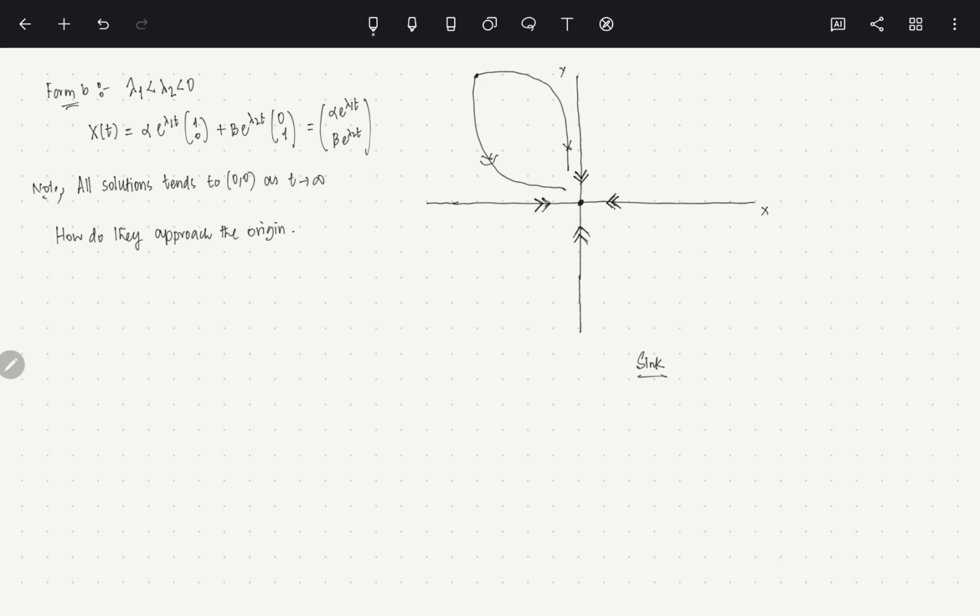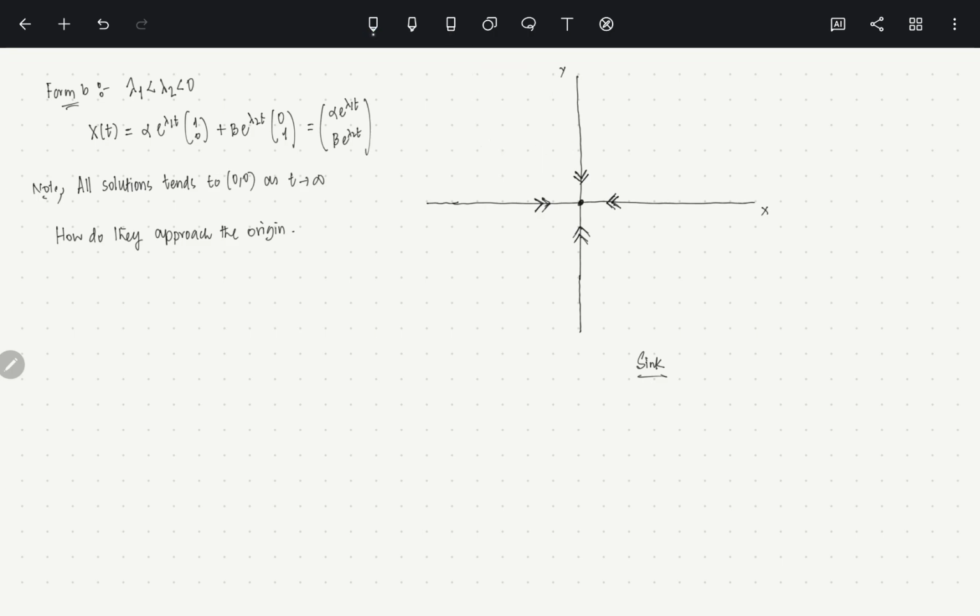Now the question is in which direction: like this, something like this, or like this? Or it can go in a straight line towards the origin. We want to figure out how it is moving towards the origin.